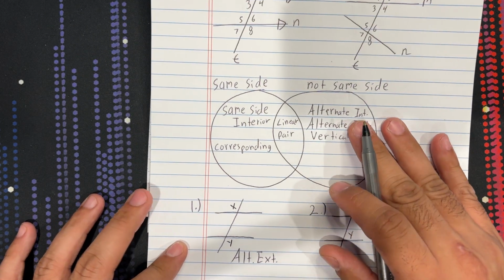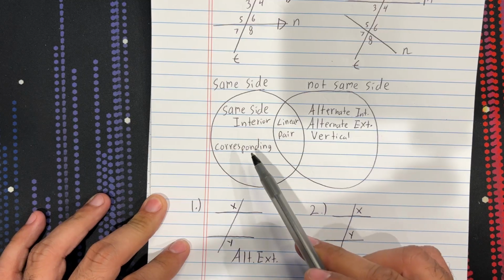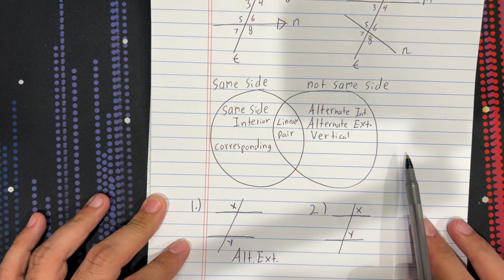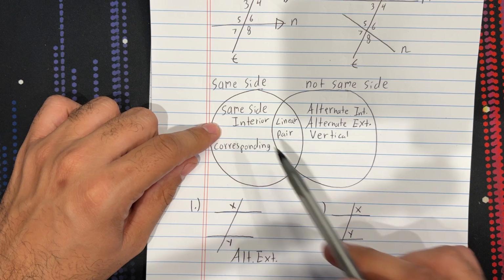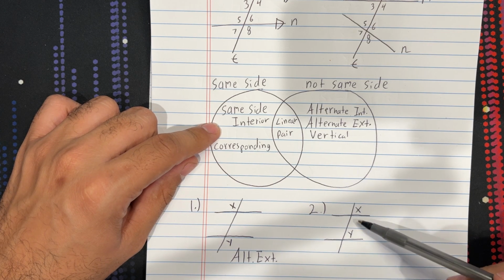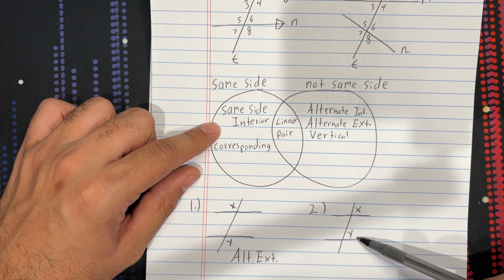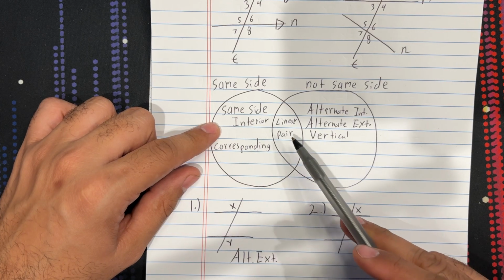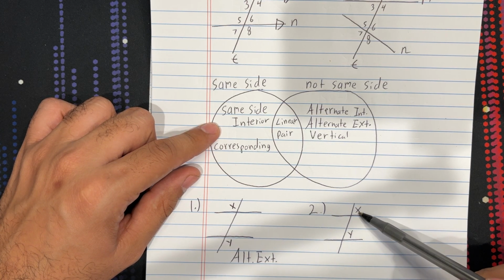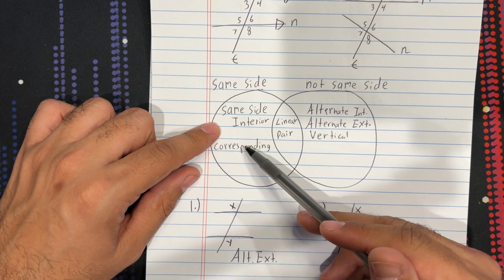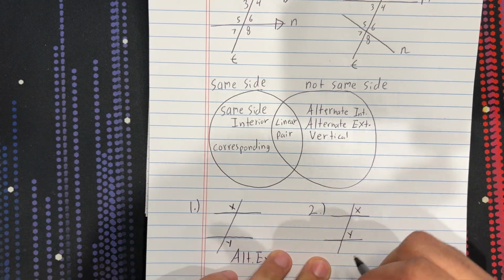Since they're on the same side, my options are now same side interior, corresponding, and linear pair. Now, same side interior means that both angles here have to be in between the 2 lines here. Since they're not, it is not this option. Linear pair means that both angles must be touching each other, which they are not, so therefore in this case, this is a corresponding angle.